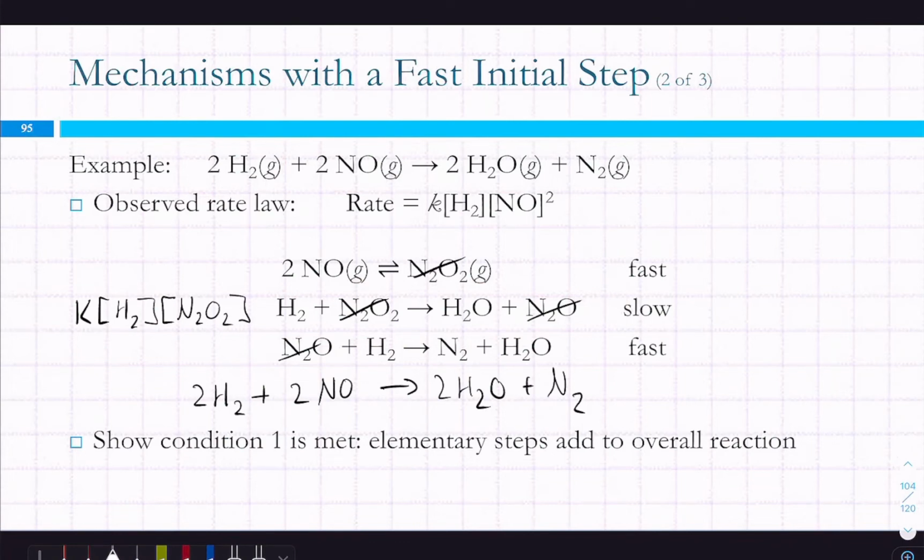So that would be the rate law for that one slow step. But that doesn't match the rate law that we determined for our experiment. So because we can't tell if this is actually what's happening in the reaction, we can't just use this. We have to sort of adapt it to what the overall reaction is.